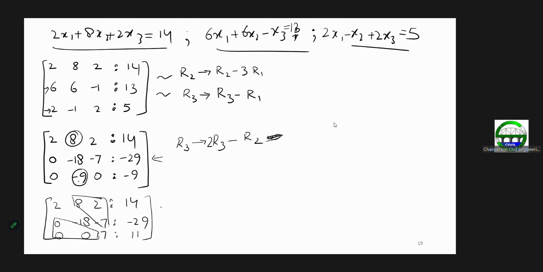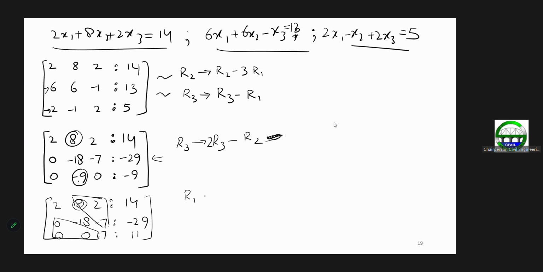One student, she sent me a good option. R1 is equal to, I want to make this one 0. R1 is equal to, divide by 18, so it eliminates 8.